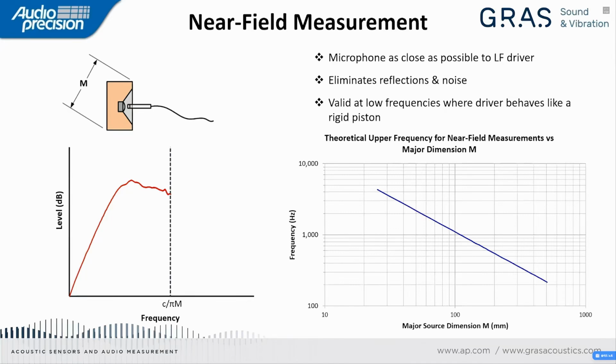And here you can see a graph representing the response of the low frequency section of a loudspeaker, and then on the right there's a theoretical upper frequency for near field measurements versus the major dimension M that we referenced in the last slide.